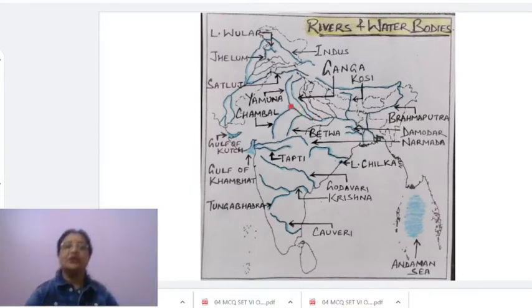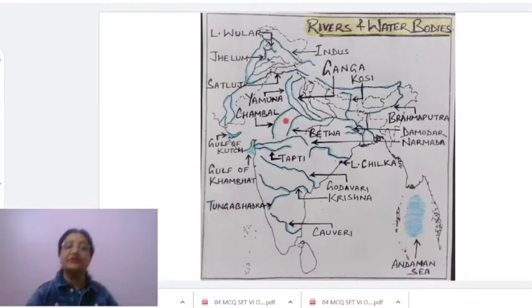Now the next river you have to mark is the Chambal River. All these, Yamuna, Chambal, Betwa, are right bank tributaries of Ganga. So Yamuna we have seen. Next is Chambal. It's starting from this point, you can see here, and it is marked till the point where it is joining the Yamuna River.